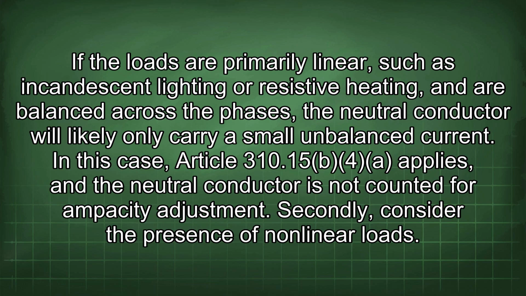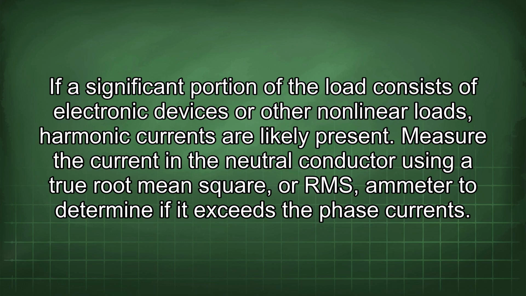Secondly, consider the presence of nonlinear loads. If a significant portion of the load consists of electronic devices or other nonlinear loads, harmonic currents are likely present. Measure the current in the neutral conductor using a true root mean square, or RMS, ammeter to determine if it exceeds the phase currents.